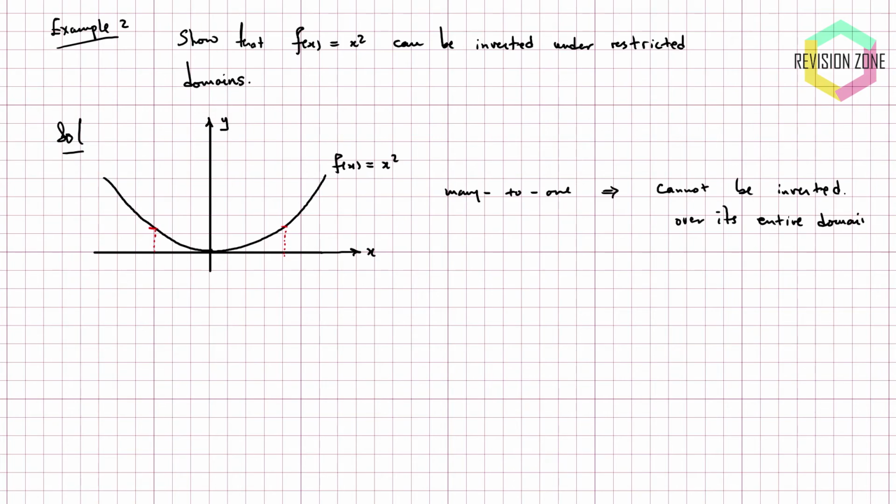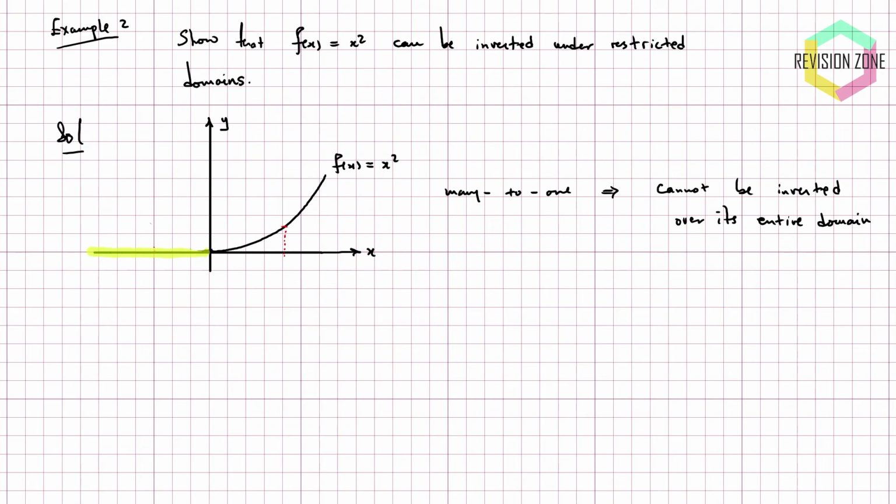In other words, if we start to change the domain, say we decide to throw out this part here, let me throw all of these out, then this part of the graph can be deleted, right? Let me get rid of that. And now you see all of a sudden this is 1 to 1.